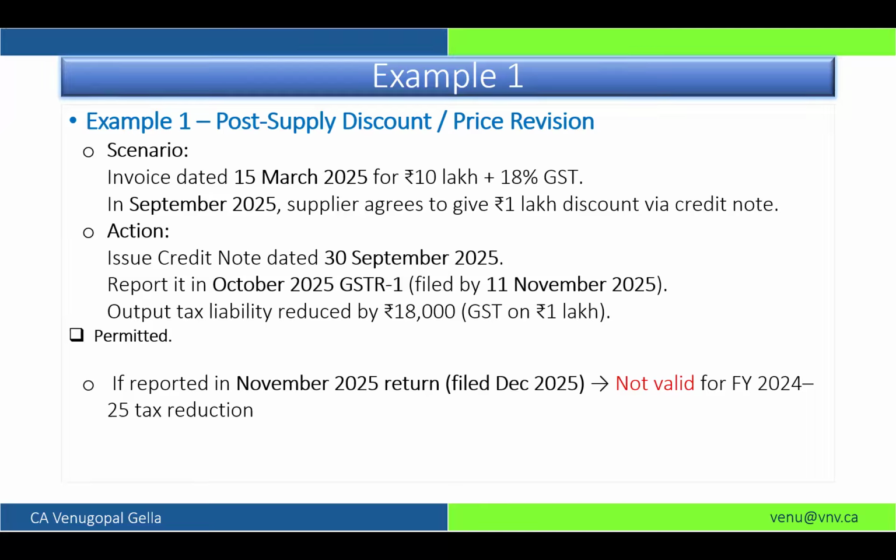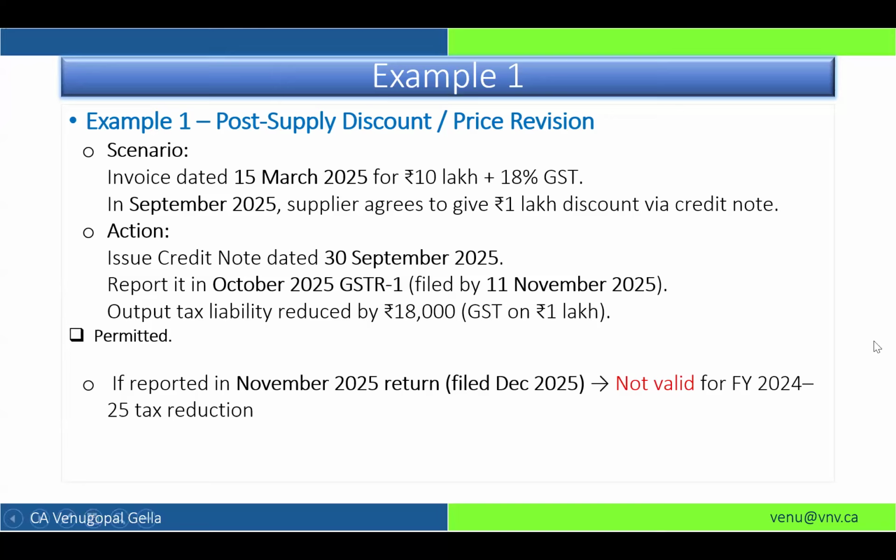Even though I have issued on 30th September, if I am reporting in November, there are two things to be checked for credit notes. One, issue. Second, reporting. Both need to be taken care of. Only then the discount will be applicable.